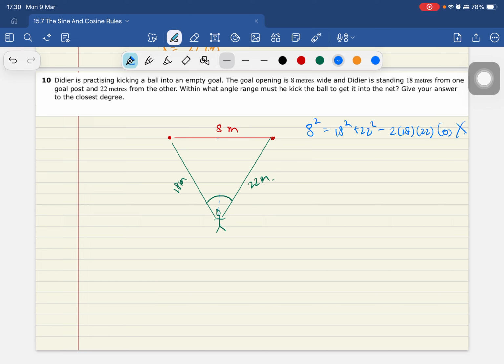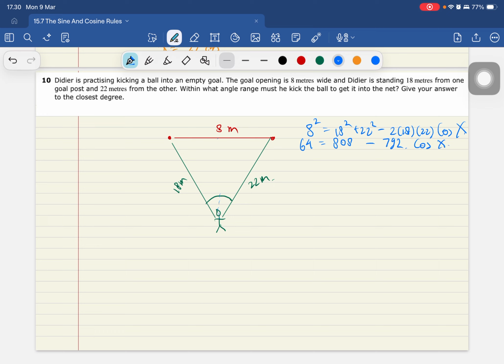We don't know x yet. So 64 equals 18 squared plus 22 squared, which is 808, minus 2 times 18 times 22, which is 792, times cos x.